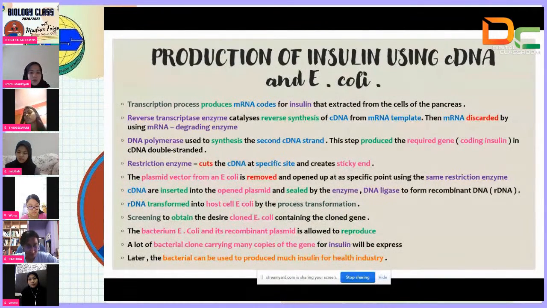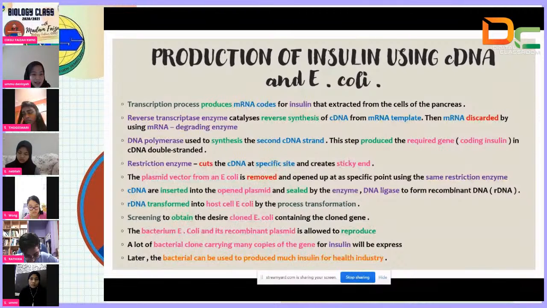And then it will produce the required gene, which codes for insulin, in double-stranded cDNA. Next, restriction enzyme is used to cut the cDNA at a specific site and create sticky ends. The plasmid vector from E. coli is removed and opened up at a specific point using the same restriction enzyme.